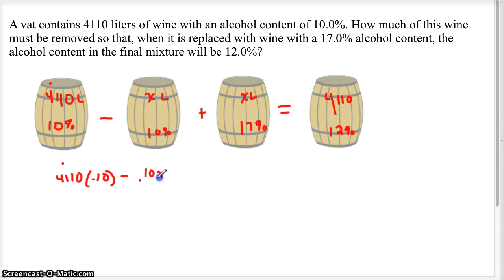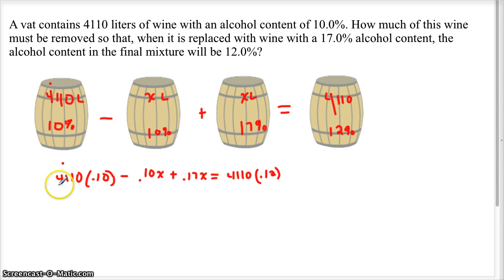And then plus, I have 17% alcohol, and I have X liters of it, so you take the percent of alcohol you have times the amount that you have. Then that has to equal the liters of alcohol in the final product, which is 4,110 times 12%.